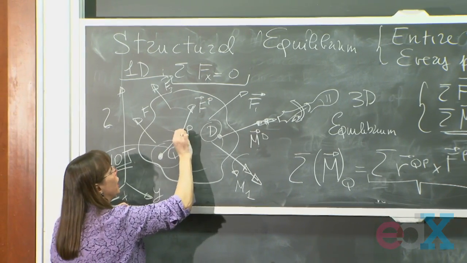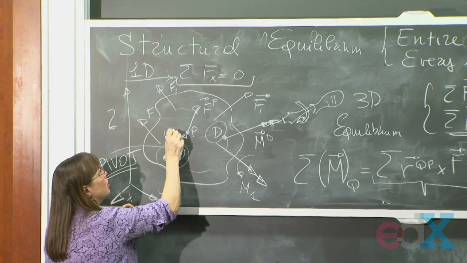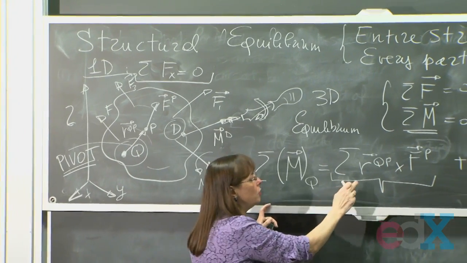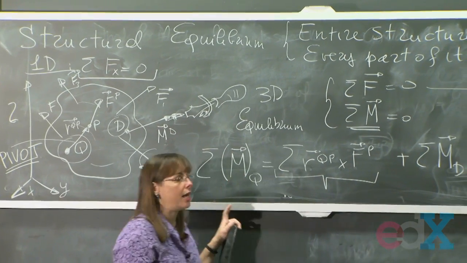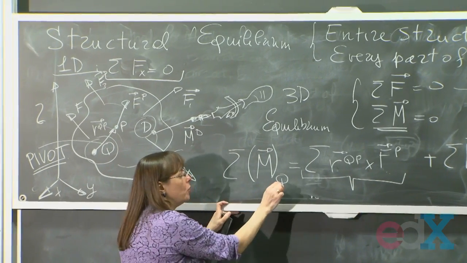Then you take the vector from Q to P, that is RQP, and then you do the cross product between RQP and Fp. And this is the moment of force Fp with respect to pivot point Q.